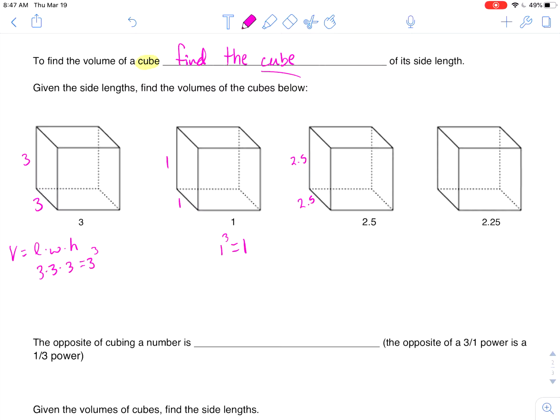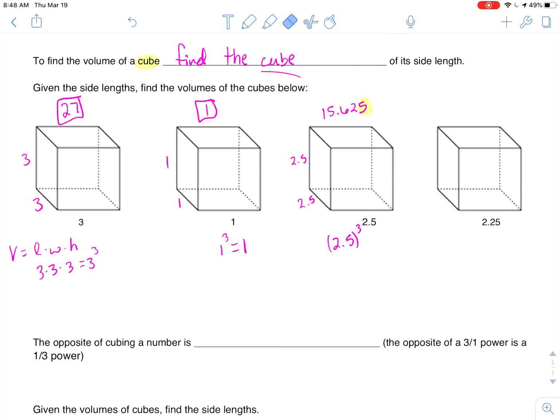So again, 2.5 is going to be every single side length. So here we'll say 2.5 cubed, and that would get me 15.625. We've got to round to 2 decimal places, so we'll look at that 5. 5 is going to round up, so not 15.62.